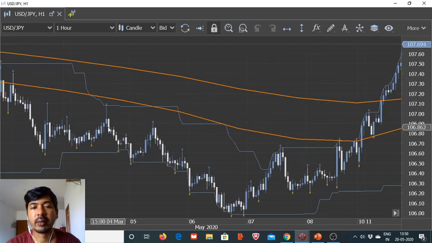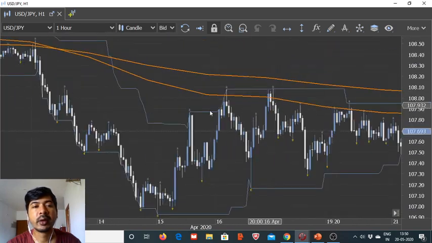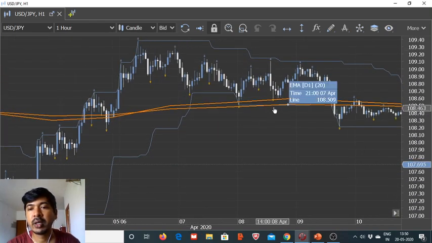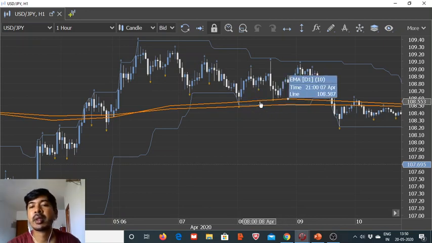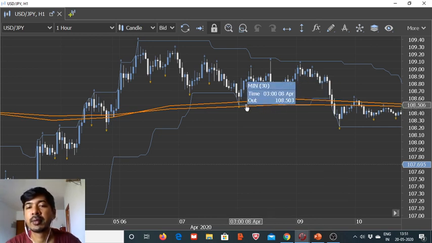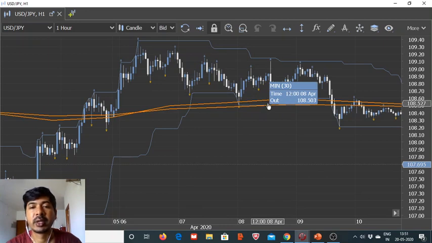And for the buy trade, now we need to go back in time. The story would be opposite. We will need the minimum to be equal to the minimum value 6 hours back. That will mean that consolidation has been there.